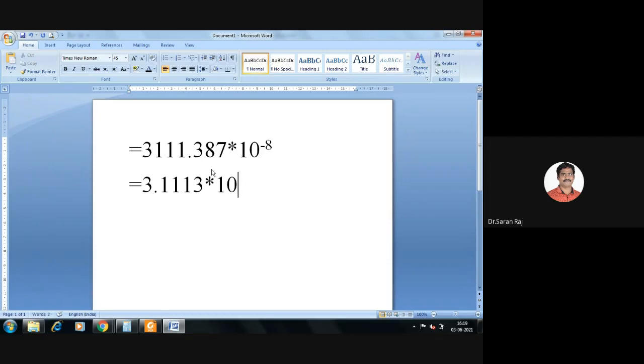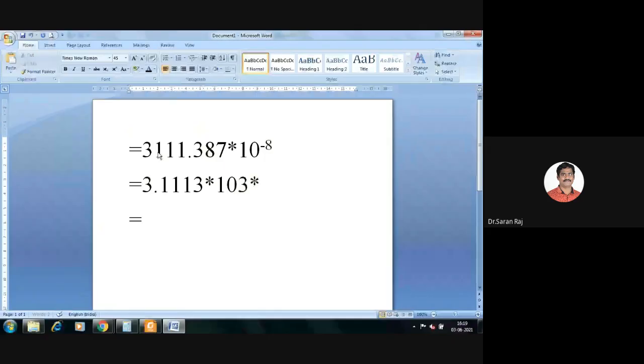That is the plus value. Here the point moves 1 digit, 2 digits, 3 digits. So 10 power 3.